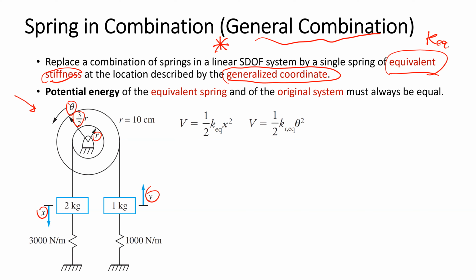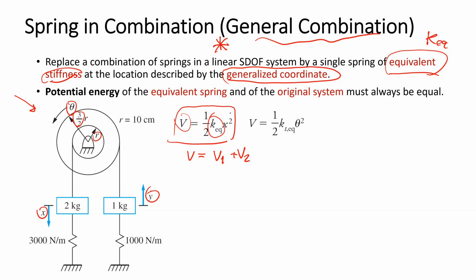The idea is that the equivalent stiffness will be derived from the potential energy of each spring, and the total potential energy gives us the equivalent stiffness. Let's see in the example first.